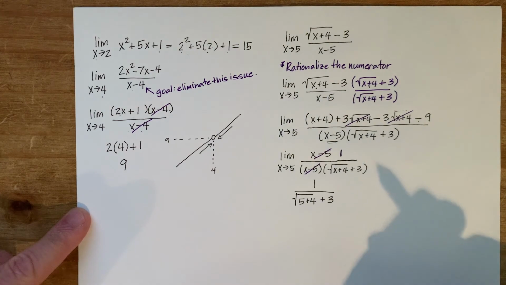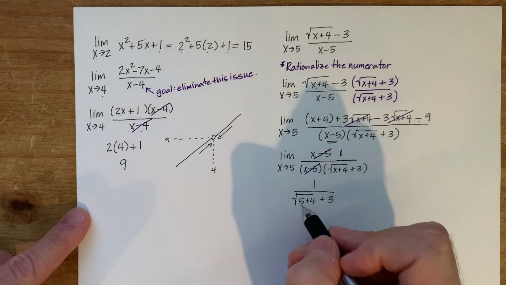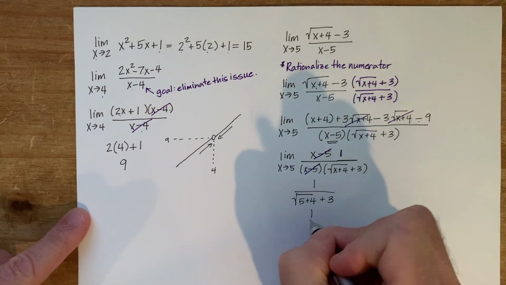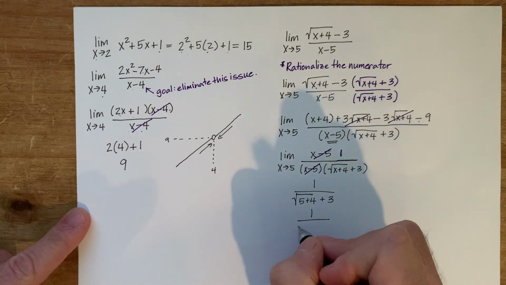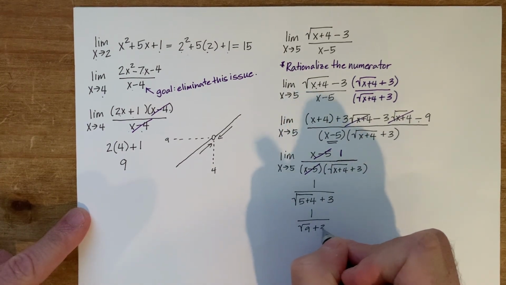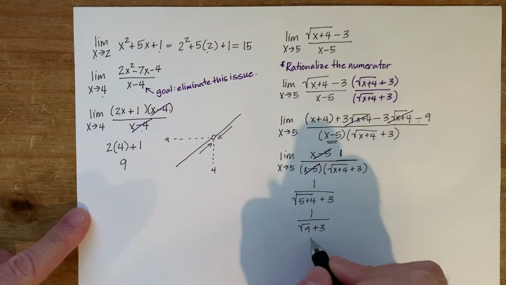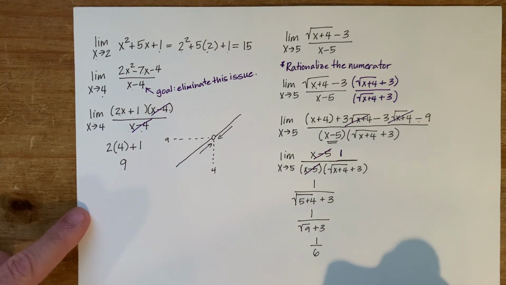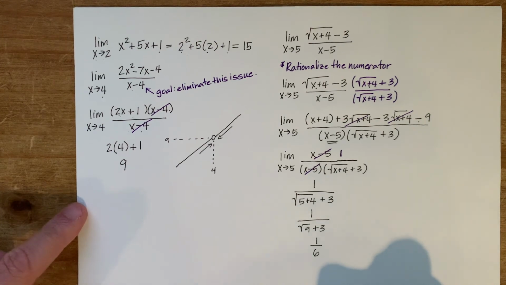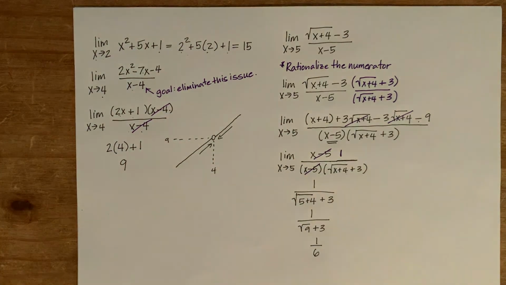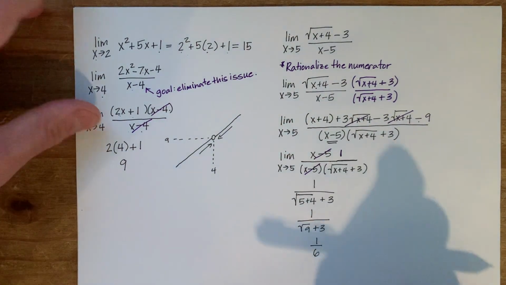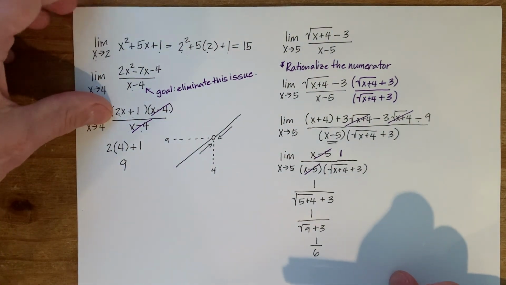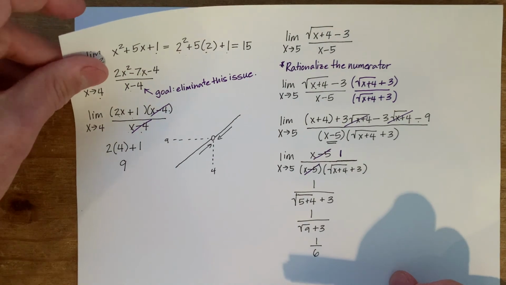I'm evaluating the limit at this point. I'm putting 5 in. So I've got 1 over the square root of 9 plus 3. And so my limit here is 1 over 3 plus 3. It's 1/6. So that's, again, a very common type of problem when we're talking about evaluating a limit.